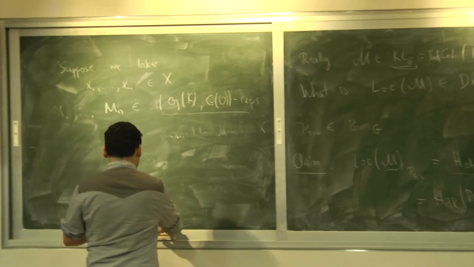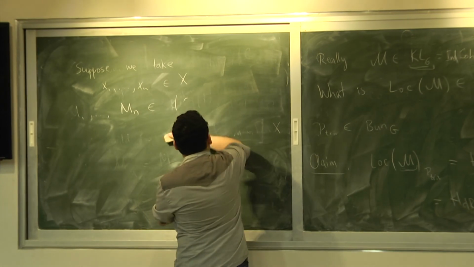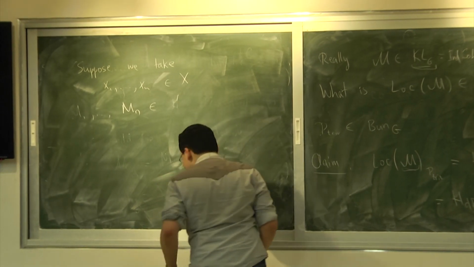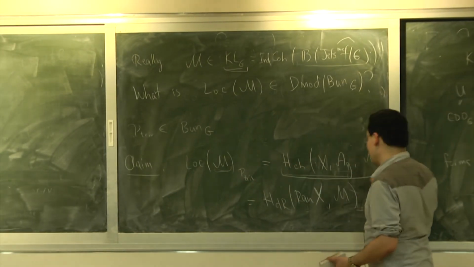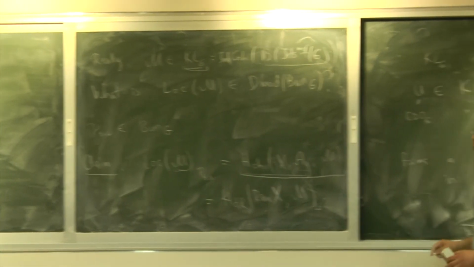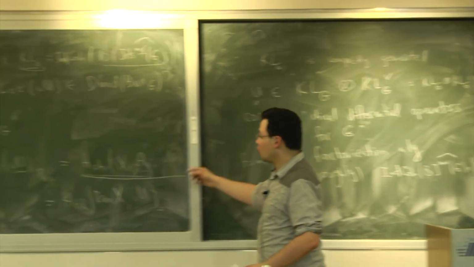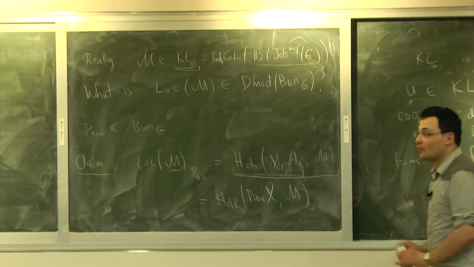So the thing I wanted to say, so another name for this, I think I'm okay because this word appeared already. Another name for chiral homology is conformal blocks.